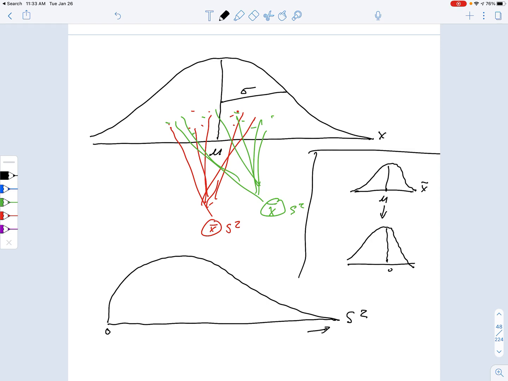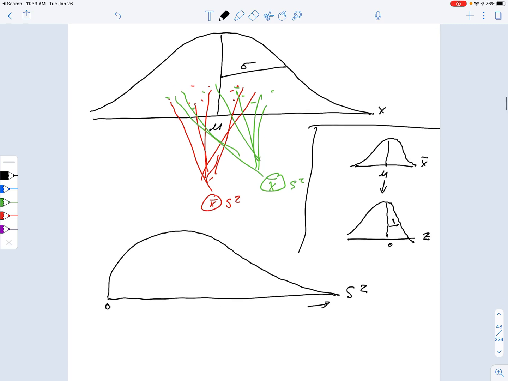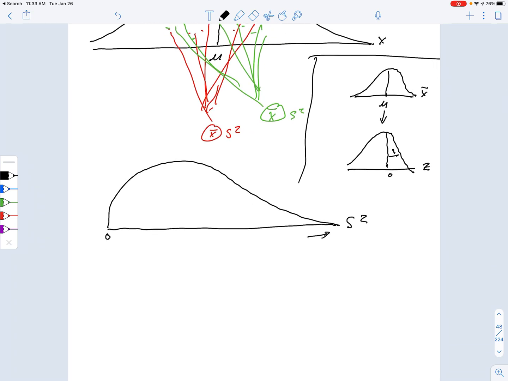Oops, that should be in the middle, but anyways. It has a mean of 0 and a standard deviation of 1, and these are the distribution of z values. So that distribution of x bars becomes a distribution of z's. That's, of course, the process of standardization. We can do the same thing here, where this is standardized.